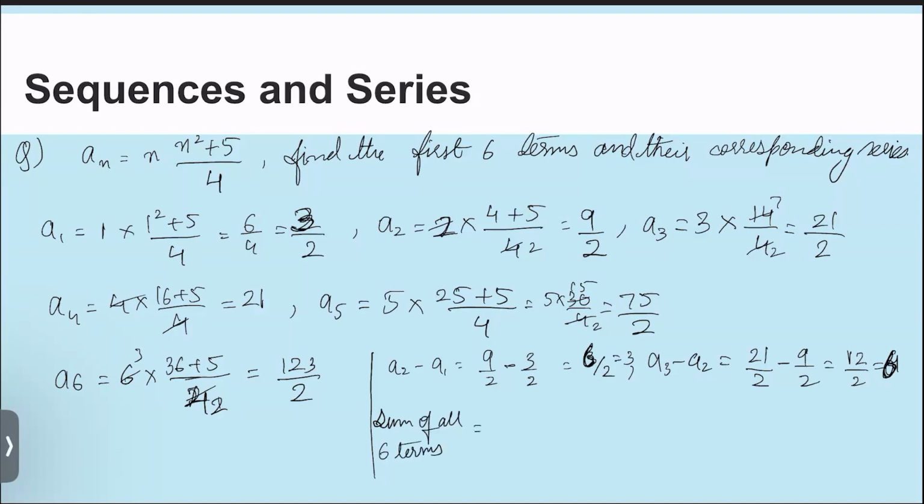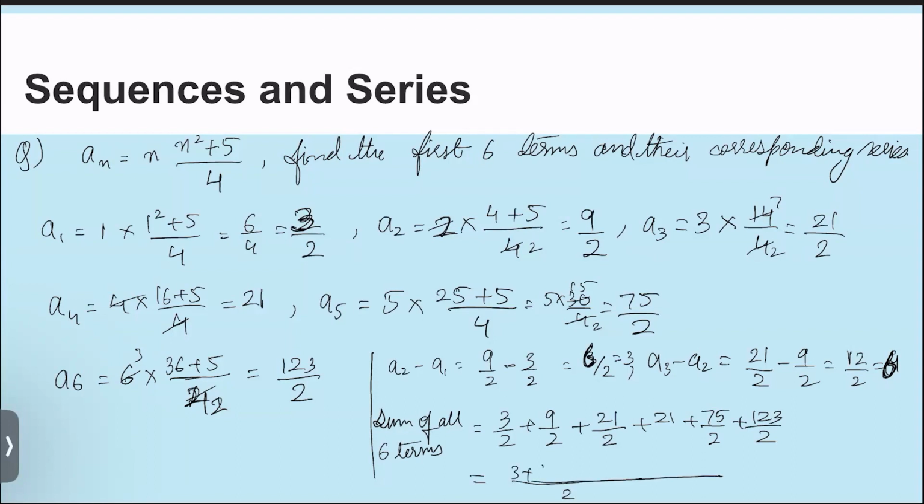So that way this will be 3 by 2 plus 9 by 2 plus 21 by 2 plus 21 plus 75 by 2 plus 123 by 2. Okay, so we can take the common denominator as 2.